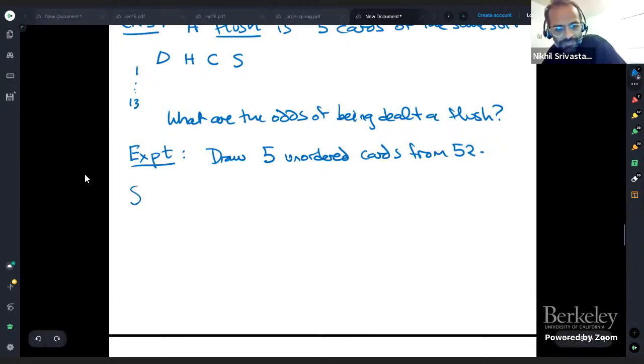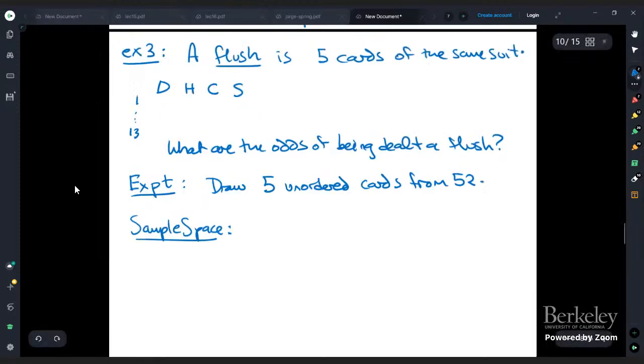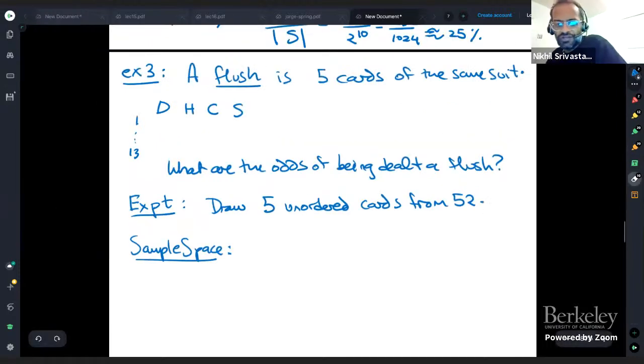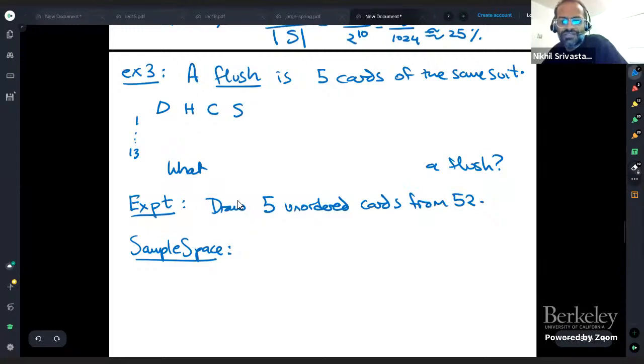Now what's the sample space? The question asks the odds of being dealt a flush. Let's just say, what is the probability? I think odds is just a word, I know the meaning of that. I just don't understand what "dealt" means. Oh, okay. So you're being dealt 5 cards.